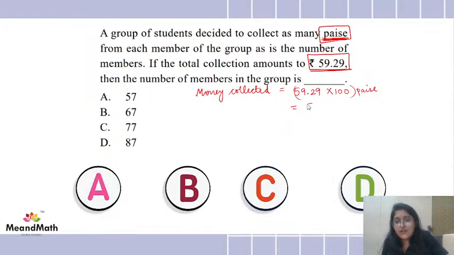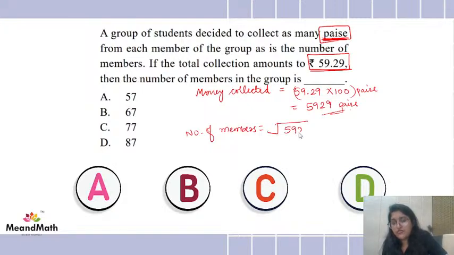What will we get? 5929 paise. All right. So we got 5929 paise. So what will be the number of members now? Number of members will be square root of 5929.